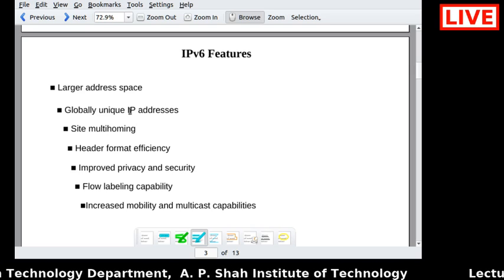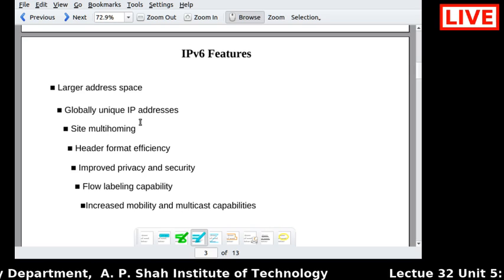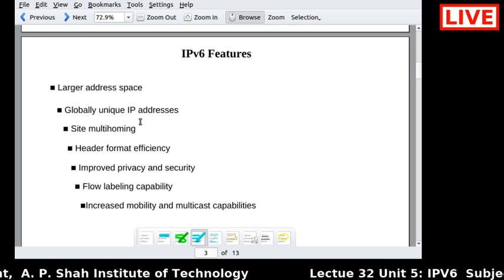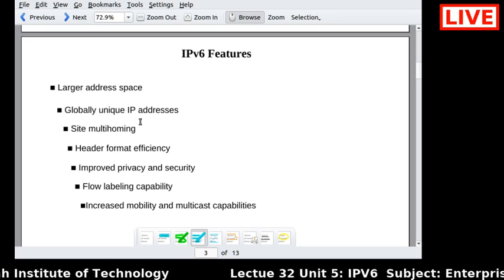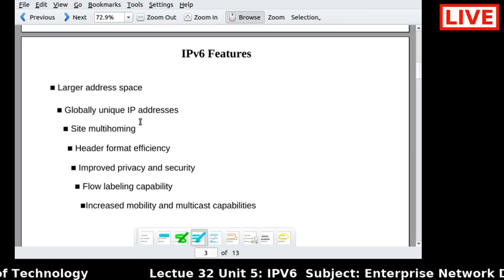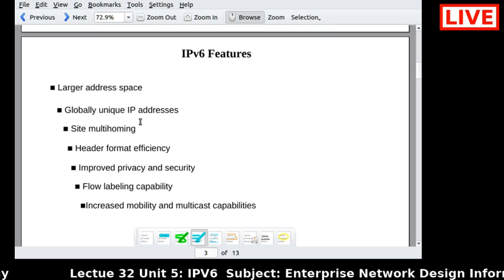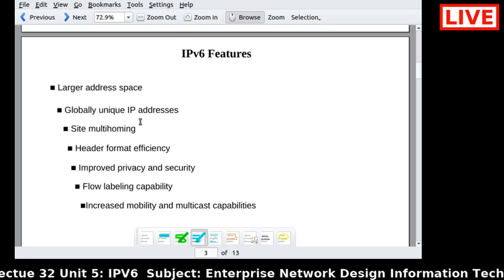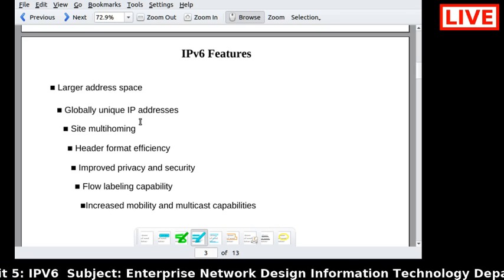But with respect to IPv6, every node that you use with the help of IPv6 addresses has a unique global IPv6 address. So that removes your NAT concept, right?